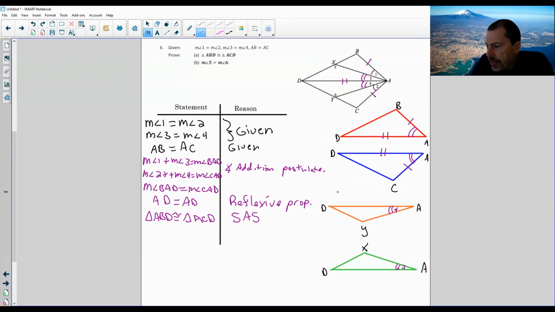So now I can say angle BDA is congruent to CDA. That's this angle here. Those two angles are congruent.